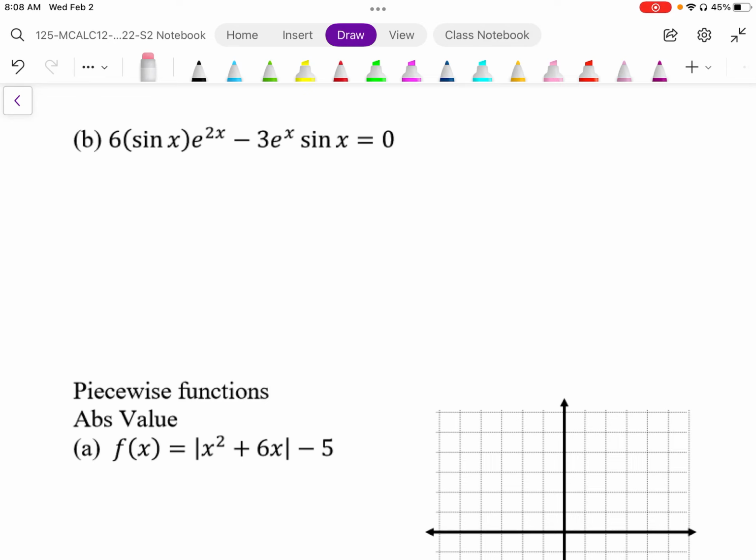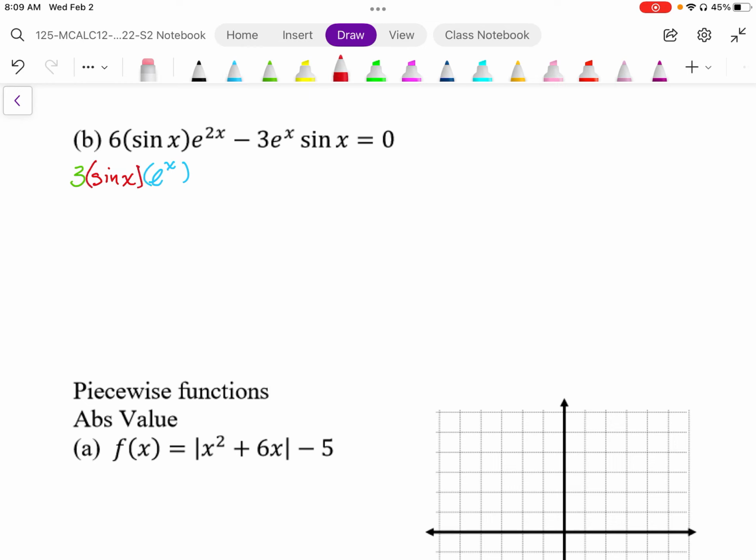It is equal to 0, and it is factorable. So I'm going to factor and see if I can come up with something I can use to solve this. So the greatest common factor is going to be, we have a common factor of 3, we have a common factor of sine x, we have a common factor of e to the x, okay, put that in brackets.